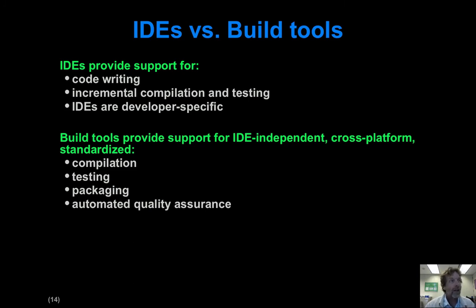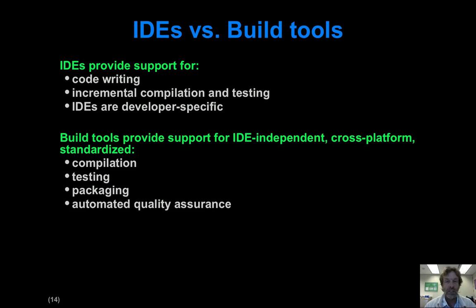In a more standard open source software development environment, people use the IDE that they're most comfortable with and like the best, and so we need some way of doing compilation, testing, packaging, and so forth that doesn't force everybody in the project to use the same IDE.